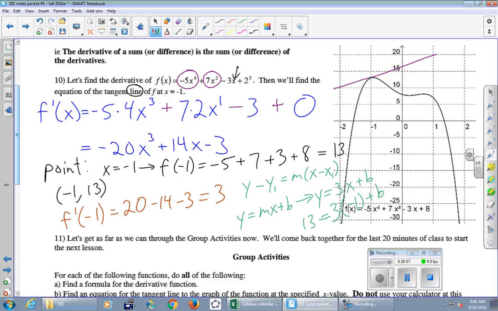All right, I'll make it darker next time. 13 equals 3 times -1 plus b. Okay, so then we just do some work. 16. All right, okay. So b is 16, which means the equation of our tangent line is y equals 3x plus 16.